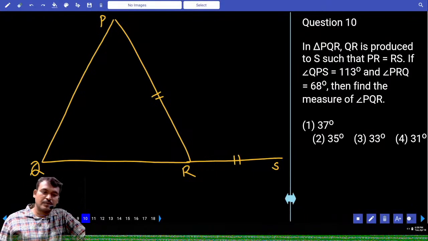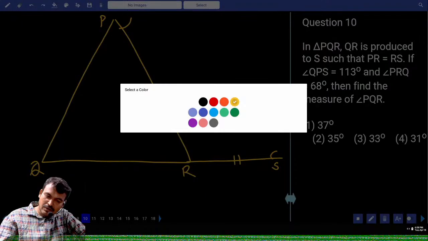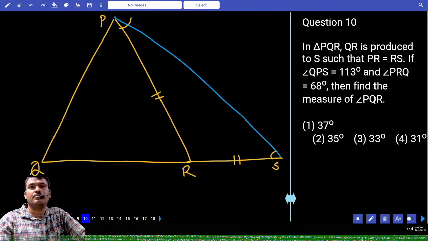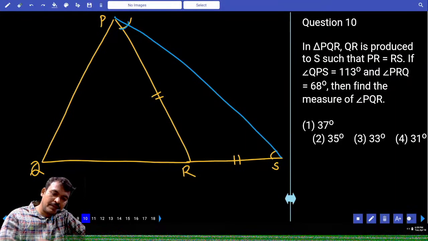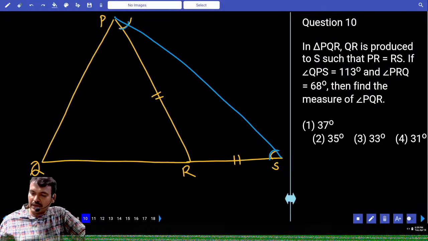PR equal to RS means the angle here and the angle here are the same. Suppose we join the PS line, then here angle P and here angle S are equal. And one more, angle QPS equals 113 degrees.